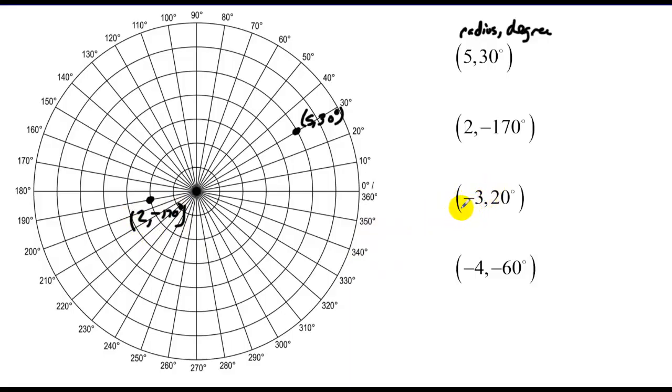And then if I want to go, here's where the problem exists, negative 3 and 20 degrees. Well, this negative talks about a radius length, but we can't really have radii of negative measures because a radius is a unit of length. So what this negative means is go the opposite direction.